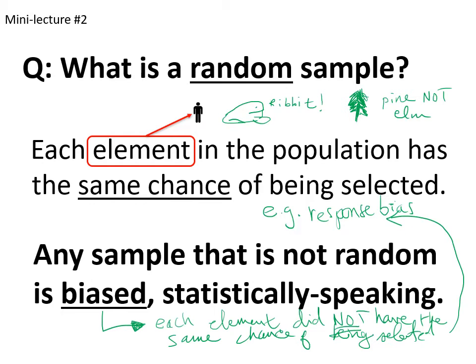Or if we think in terms of frogs in a pond, it might be that I don't want to jump into water that's any deeper than a meter, because after that I'm likely to get completely submerged. That might not be a problem if the pond is less than a meter deep, but as soon as the body of water is over a meter deep, there will be a kind of, I suppose that's more of a sampling bias, but we could think of that in terms of a response bias.